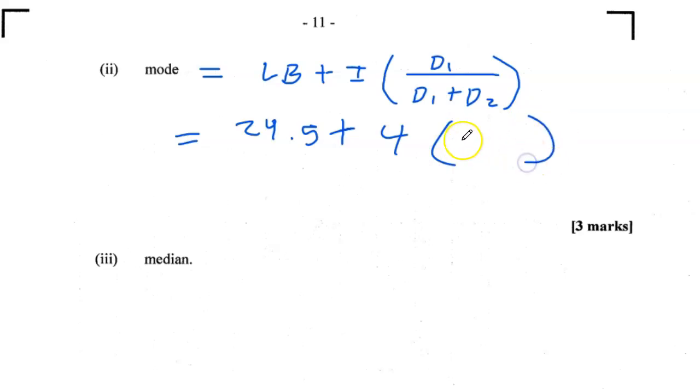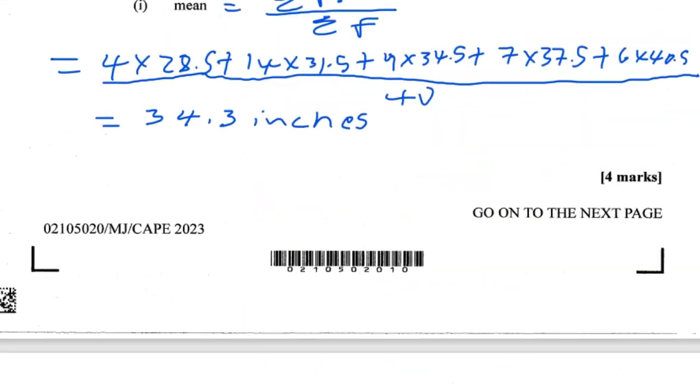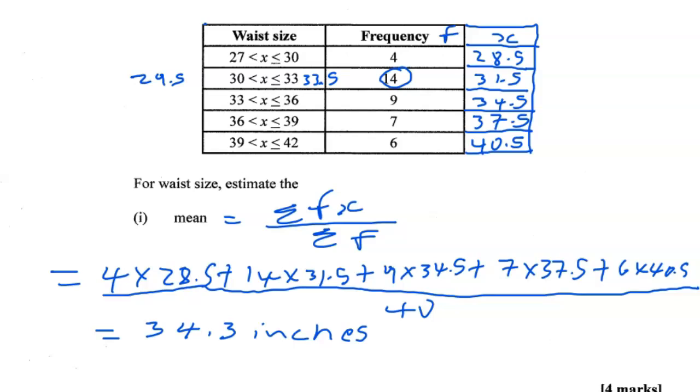Now what are D1 and D2? D1 is the difference between the frequency in the modal row, the row with the highest frequency, minus the frequency in the preceding row, that's 4. So D1 is 14 take away 4, which is 10.